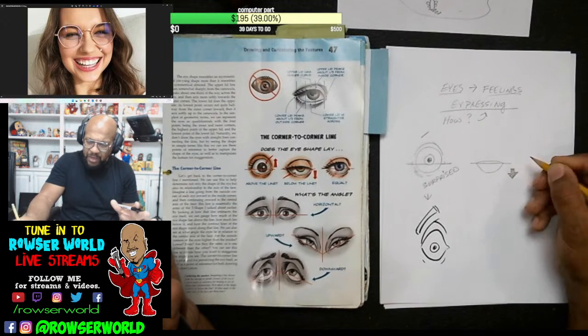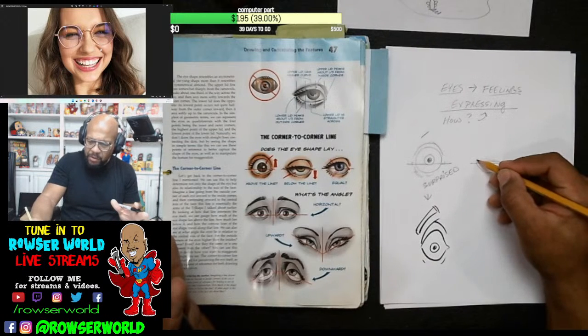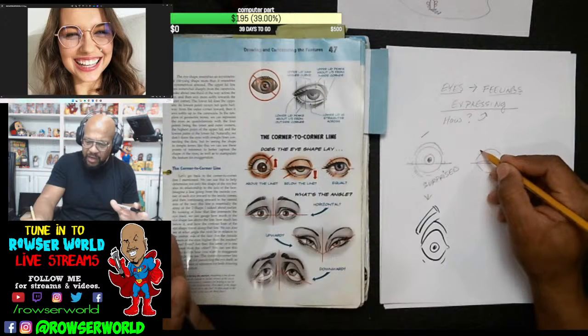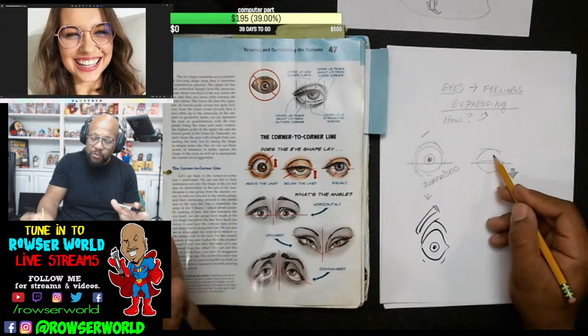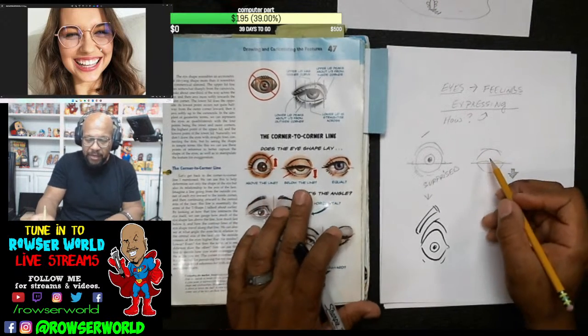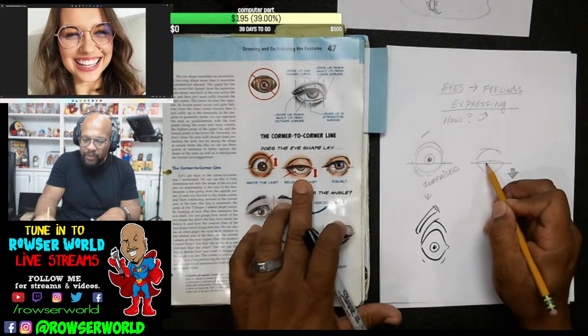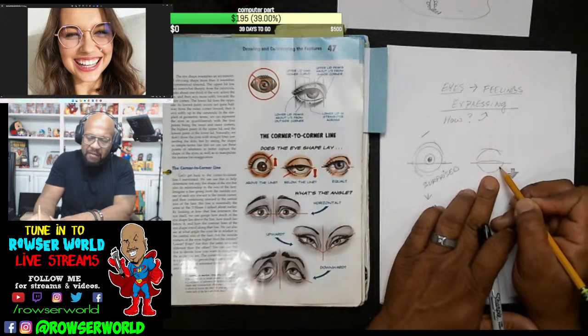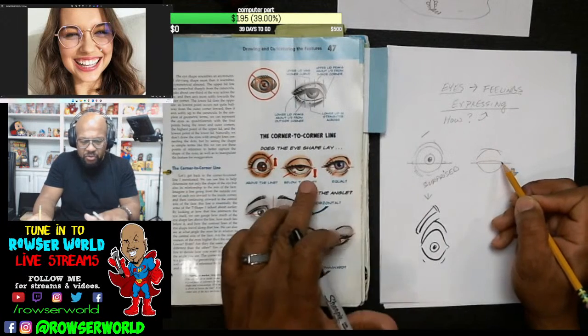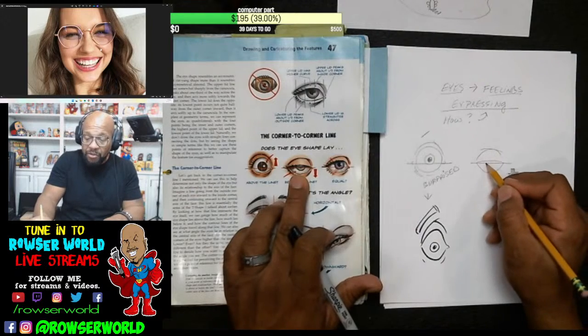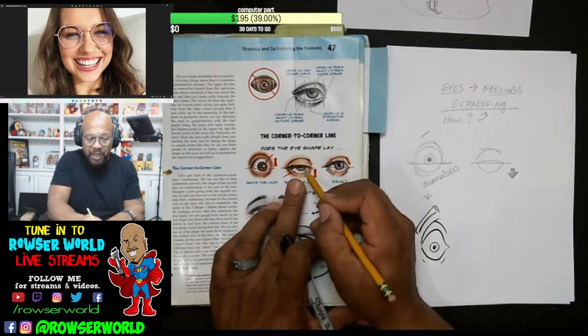Okay. So here, the dead space in the eye, or where there is no feature, is pretty much this little fold above the eye right here. But let's go ahead and put the eye in there. So the cool thing about this shape is that not only does half of the eye shape show, but also half of the eyeball shape, or the pupil shape, is showing.